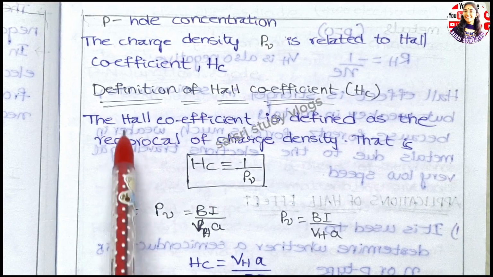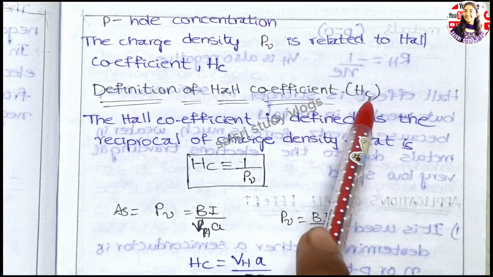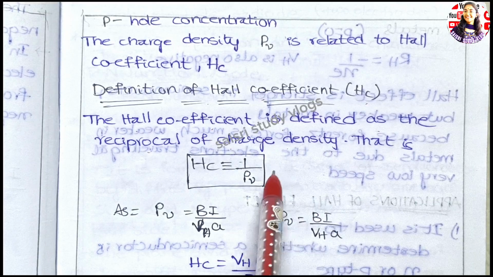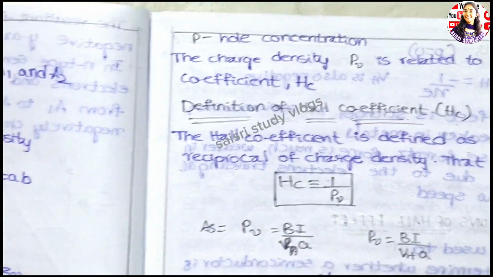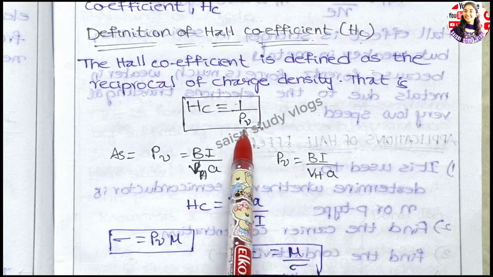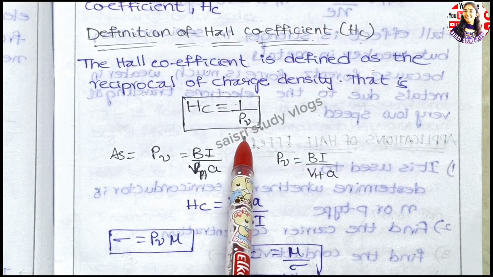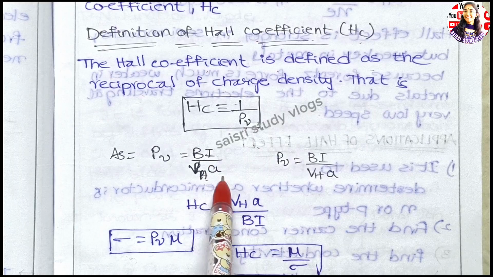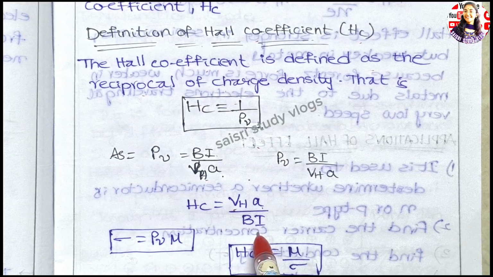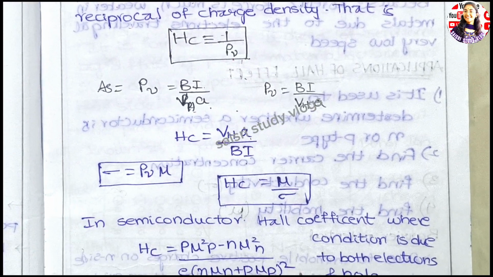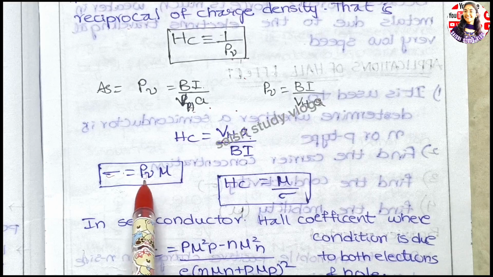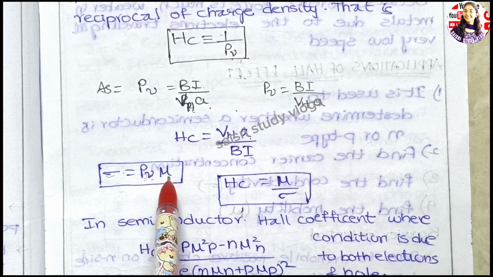So here we have some more things, that is the definition of the Hall coefficient Hc. The Hall coefficient is defined as the reciprocal of the charge density. The charge density is rho V, the volume charge density we got here. So Hc is equal to 1 by rho V. The rho V value we got is Bi by VH, so the reciprocal is VH by Bi. We already know that the conductivity is volume charge density into mobility.